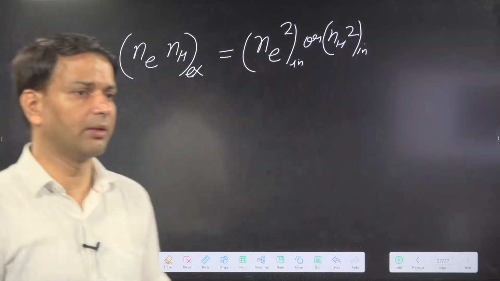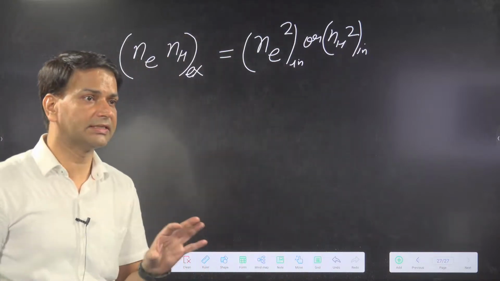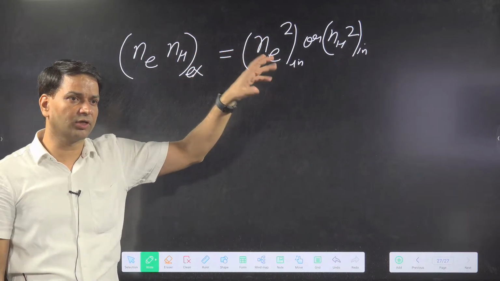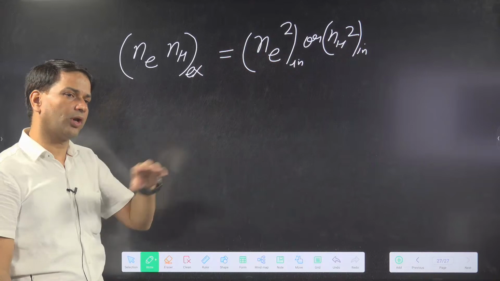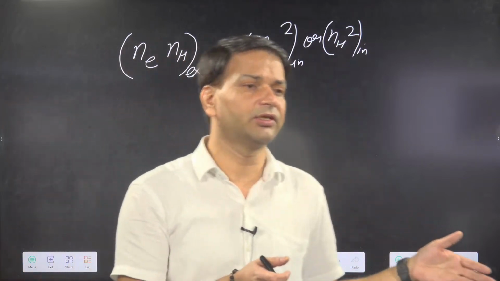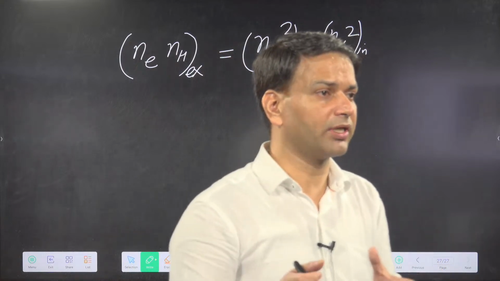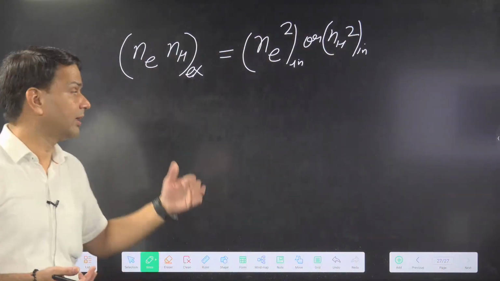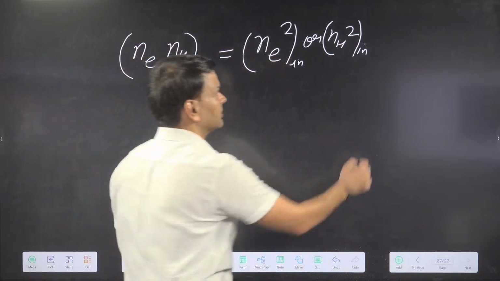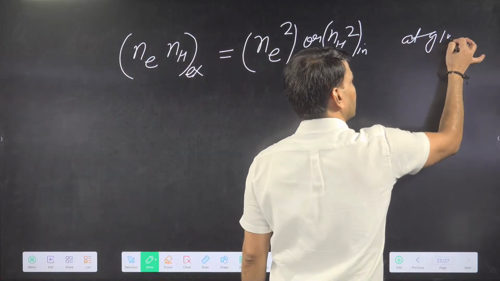In the intrinsic semiconductor, the number density of the electron and the number density of the hole will be equal. Okay. So for any semiconductor, the product of the electron density and the hole density will be what? Constant. So it will be equal to that of the intrinsic also, at a given temperature.